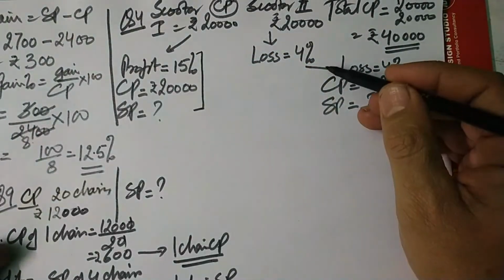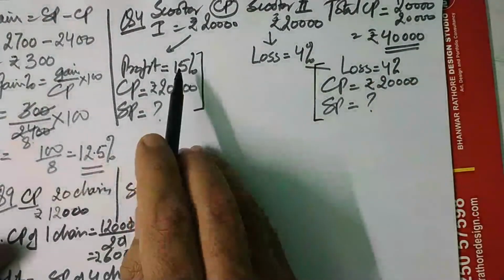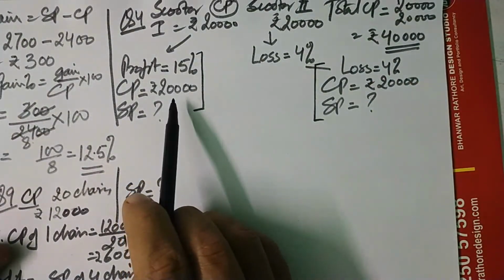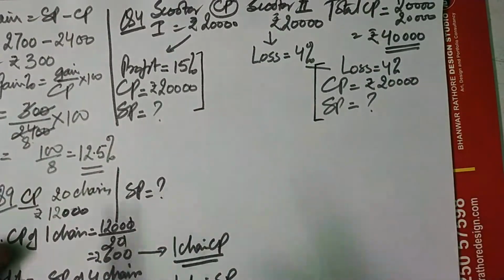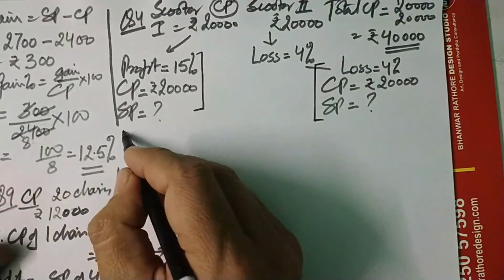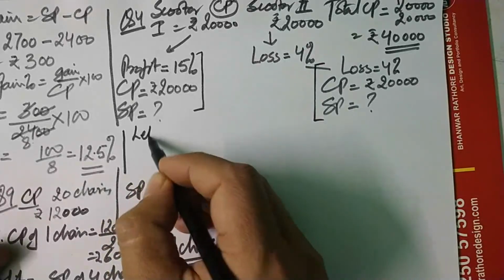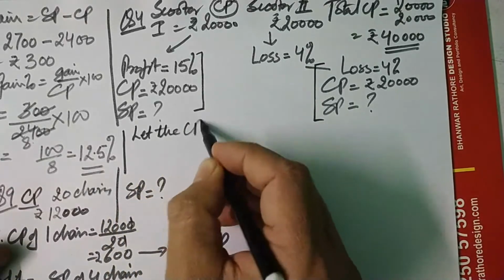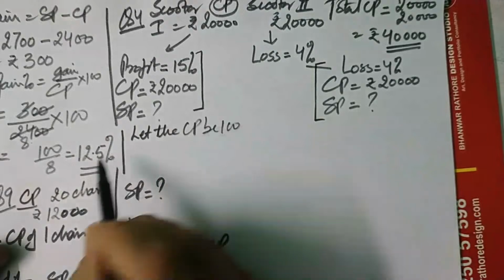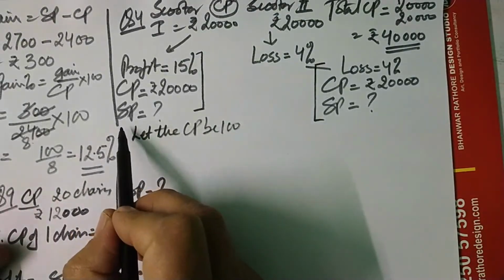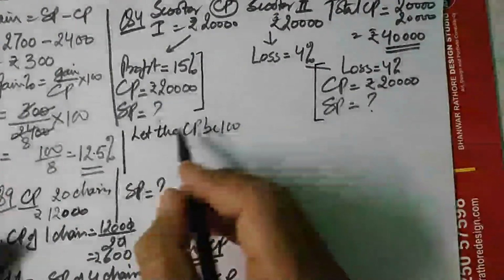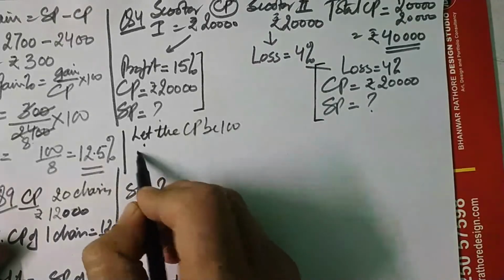In this also it is same and here also it is same. Profit is given and CP is given, here loss is given and CP is given. So we will use the method: let the CP be 100. Whether you have to find SP or CP, in both the cases you will suppose let the CP be 100.